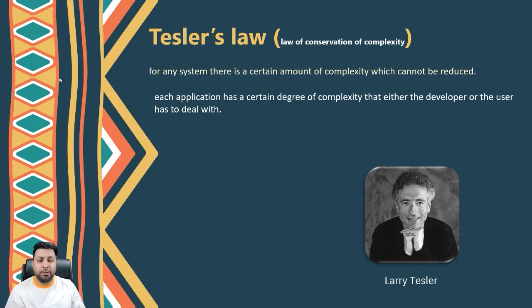Some people try to make an application or product so simple, but it is impossible. It has a level. You cannot make it easier than that level. You should stop at some step. Do not do that. Larry Tesler says that.